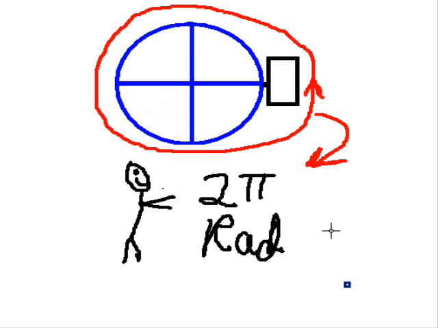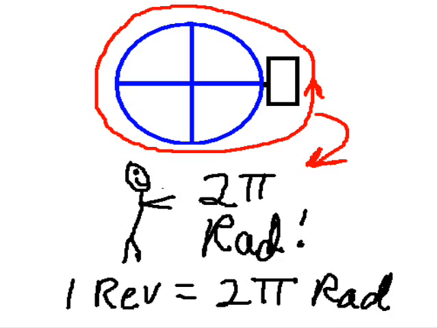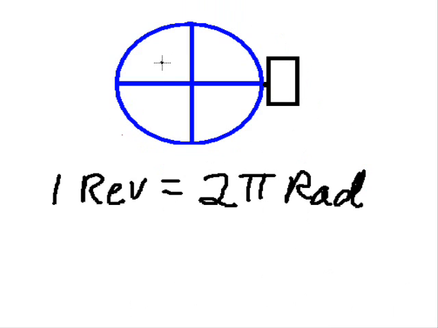I got 2 pies. That's just rad." And that's what Billy now associates with one revolution around the circle. 2 pies, which are just rad. 2 pi rad.